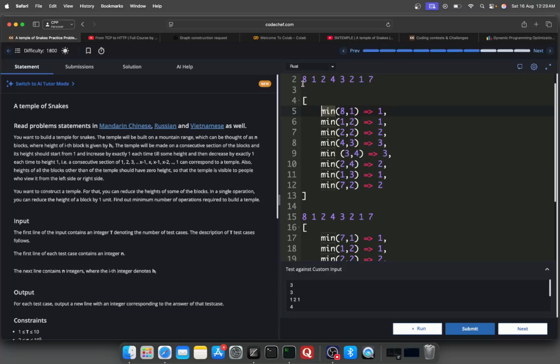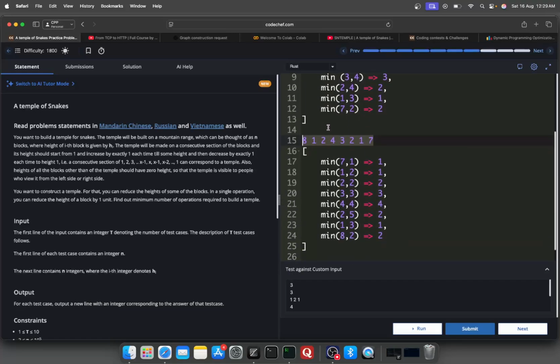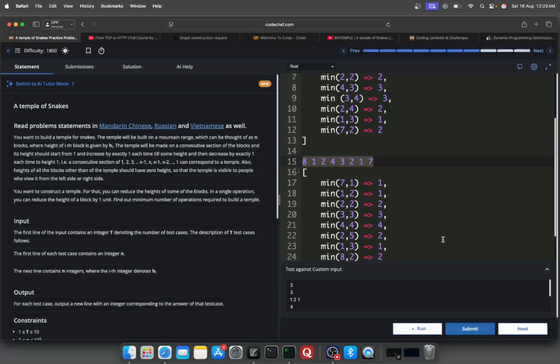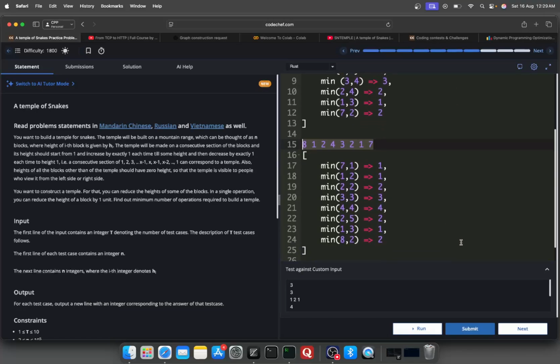So from left to right we increase our peak point, and here we also have to do one more iteration to try to find the peak element from right to left. Earlier we did this from left to right, and now we have to do this from right to left.